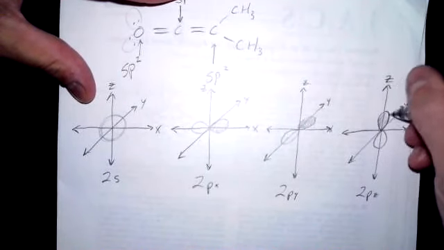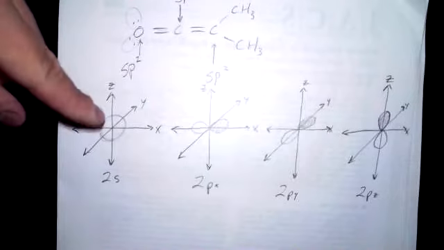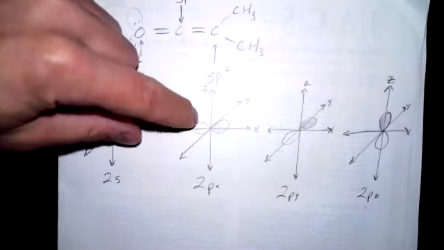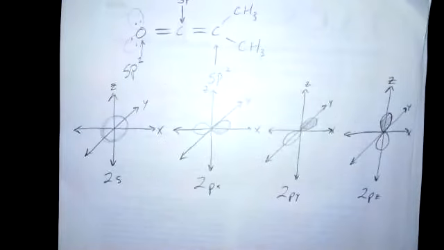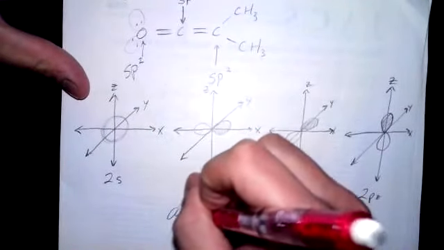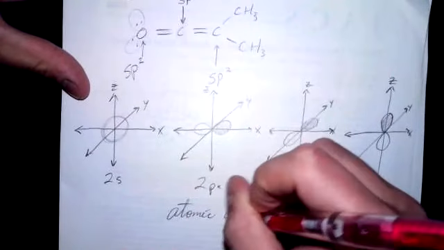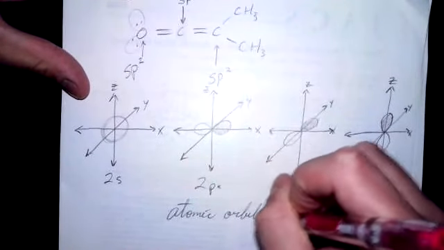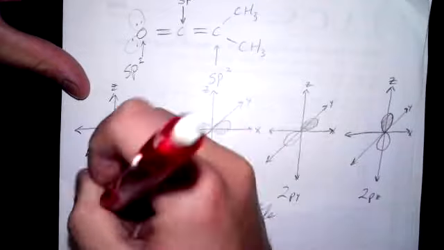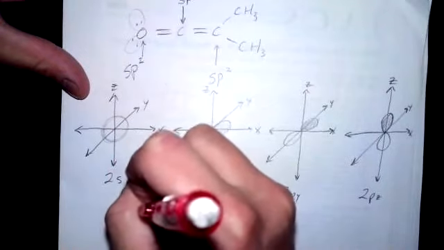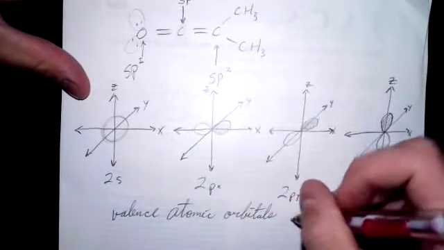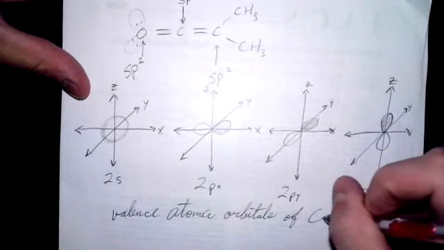Okay, boom. So we got our 2s, 2px, 2py, 2pz. These are the atomic orbitals. Better yet, I'll call them the valence atomic orbitals of carbon.